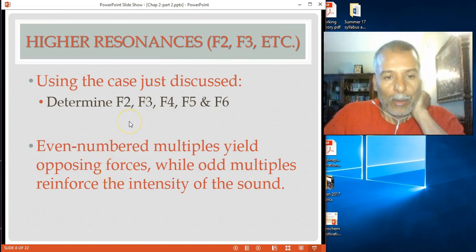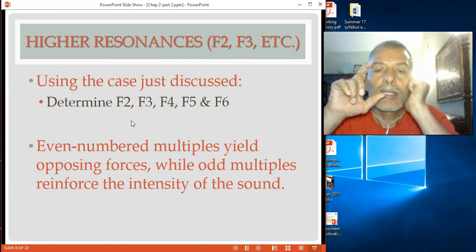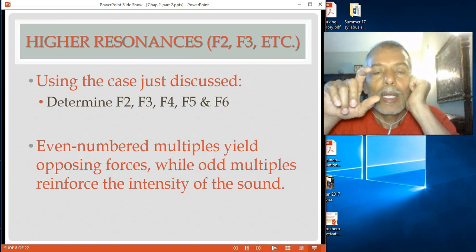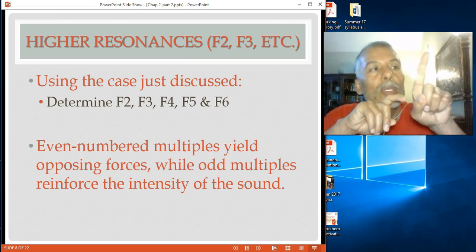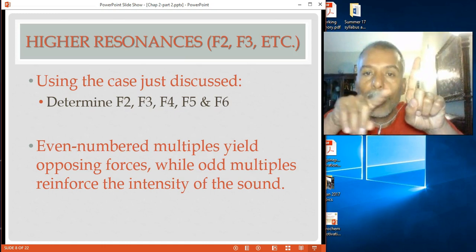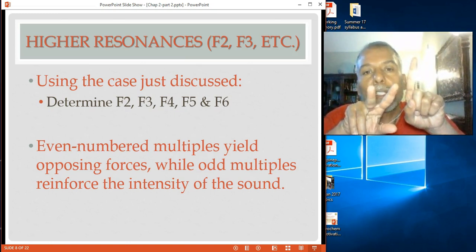The way the vocal tract is going to behave, it is going to selectively take out the even numbers. The first vibration that occurs, we call it R1. That's an odd number. The second vibration, number 2, is an even number. That is R2, 1000. The third is an odd number, 1500.